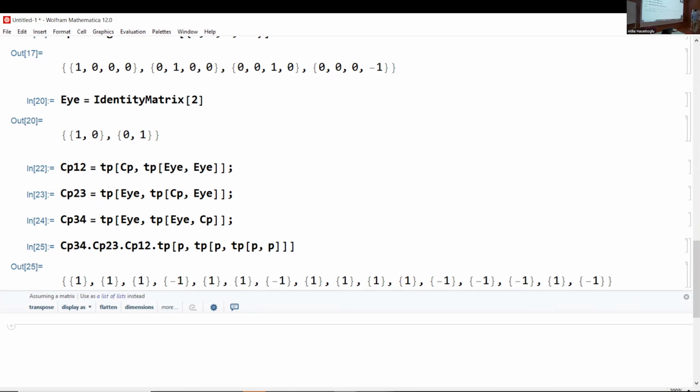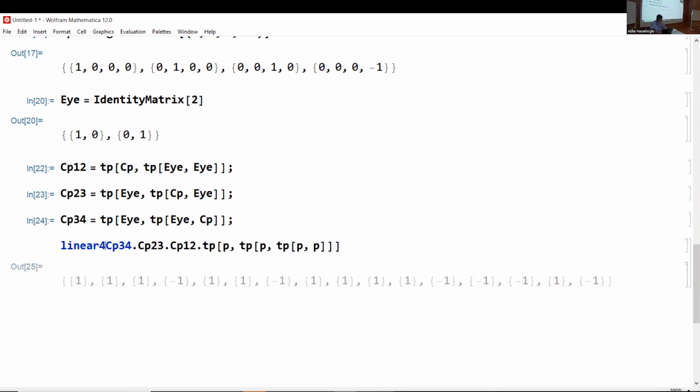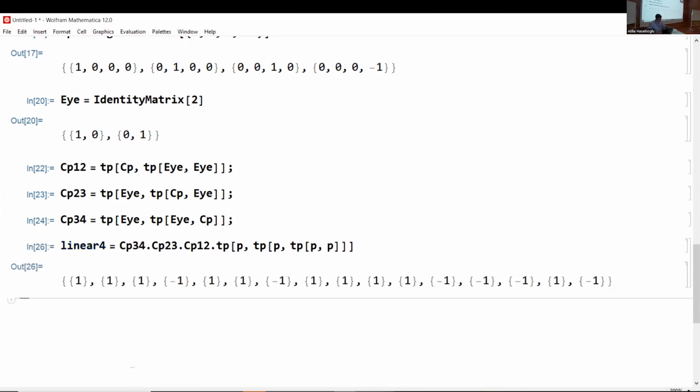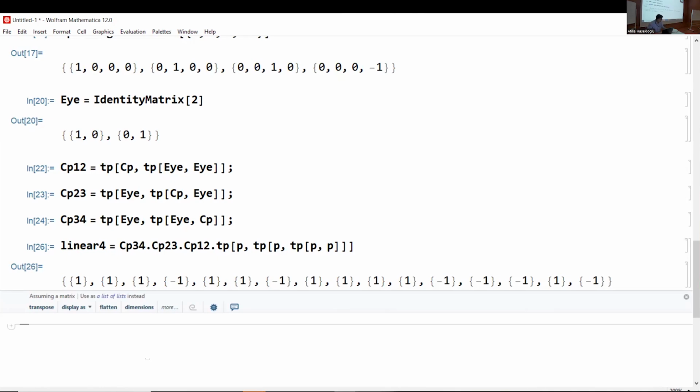Now, why do I need this? Because when I generate entangled photons, I will show that entanglement is equivalent to this. This is an entangled state. So let's see if this is my linear state, let's call it linear 4, and let's see if that description that I've written over there is also correct.